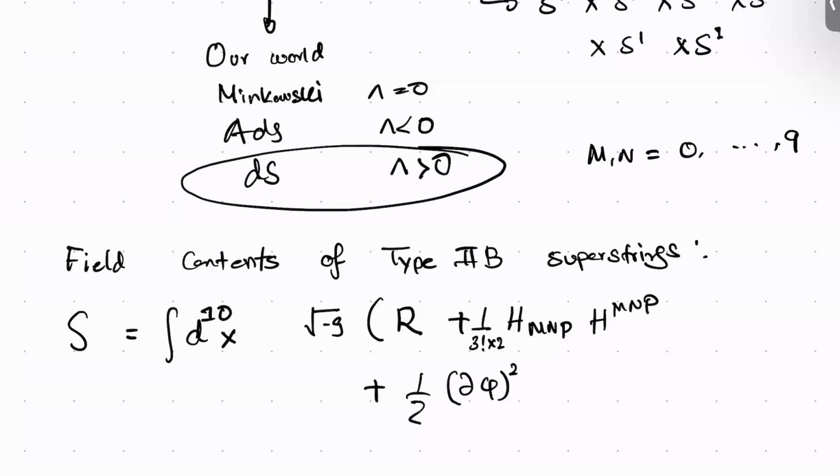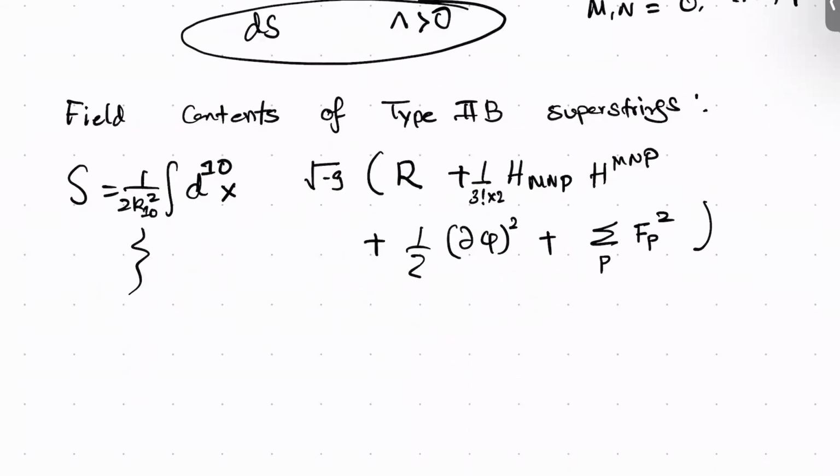Let's use this. I'll get the numbers wrong by a huge margin. I'll explain this constant later, but what are the fields that I have? Then I have a bunch of gauge fields, F_p squared.